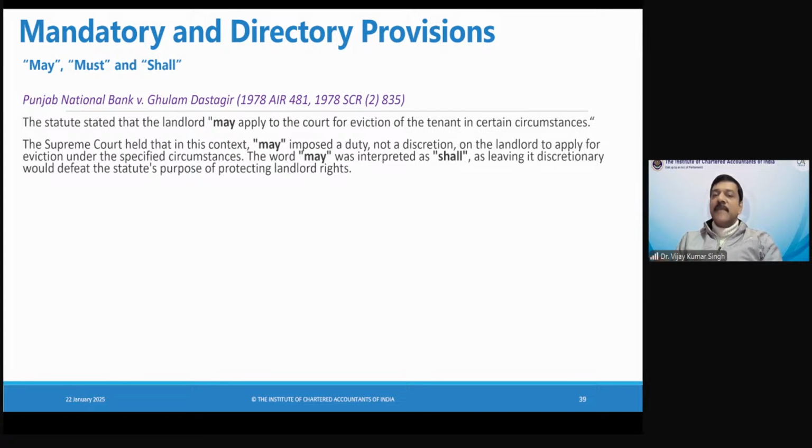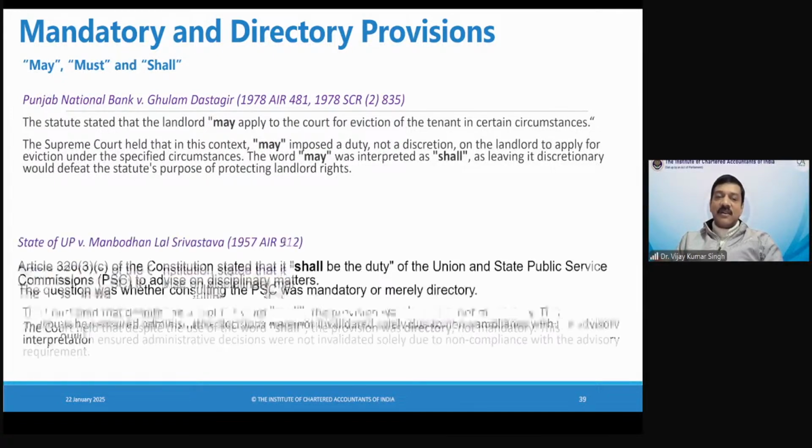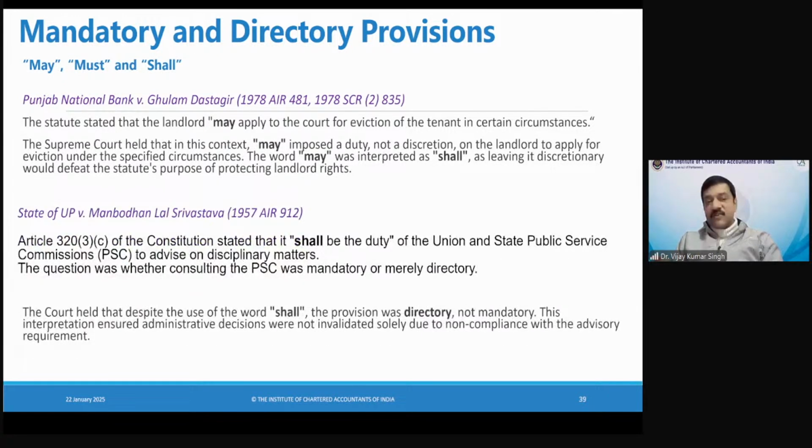Because if you use the word "may" here, if you don't want to apply, don't apply. But if you want to have a relief, you shall apply. So this was interpreted as "shall". Leaving it discretionary would defeat the statute's purpose of protecting landlord rights. In case of State of UP versus Manbodhan Lal Srivastava, here they were interpreting Article 320 of the Constitution, that it shall be the duty of the Union and state public service commissions to advise on disciplinary matters.